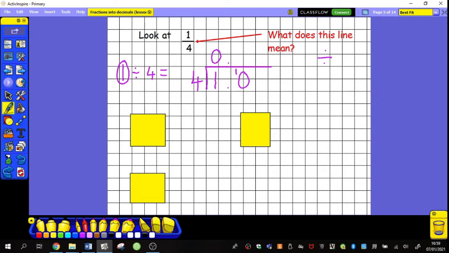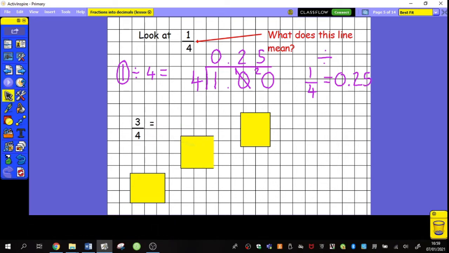So, now I think, how many 4s go into 10? Well, 2 4s go into 10, which would be 8. That would leave me with 2 remainder, so I'm going to carry it across. Now I know there would be another 0 there, so I've created 20. How many 4s go into 20? It would be 5. So the answer to 1/4 as a decimal would be 0.25.